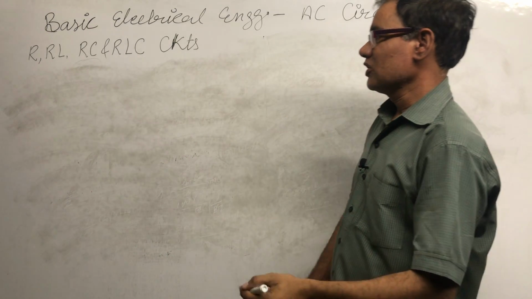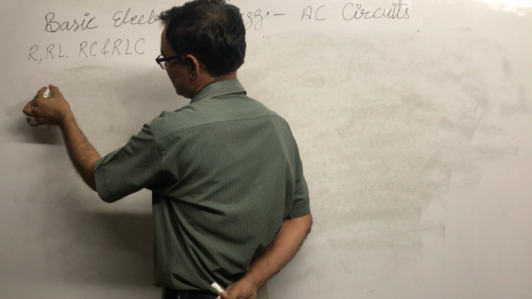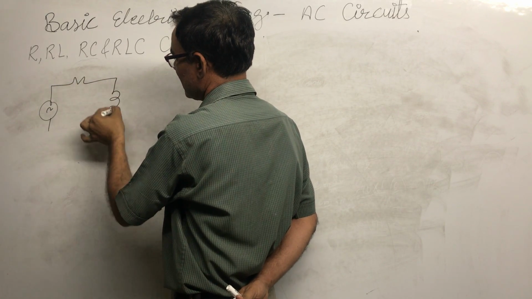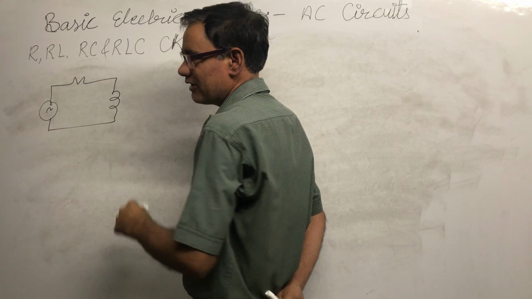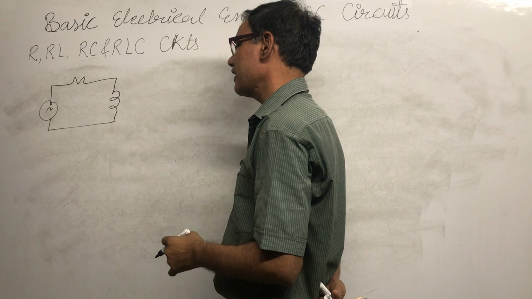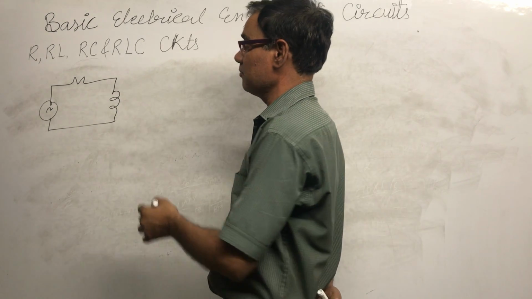Now we are taking some more examples for RL circuits. Why am I taking an RL circuit? Because it is not always possible that R is given in ohm.